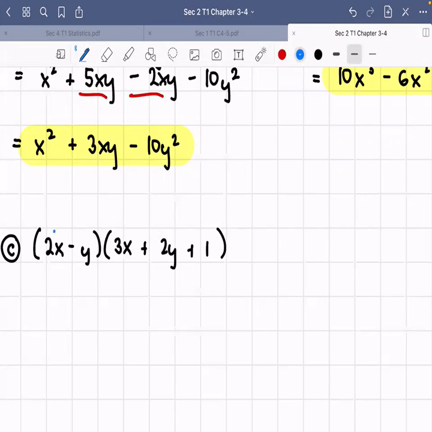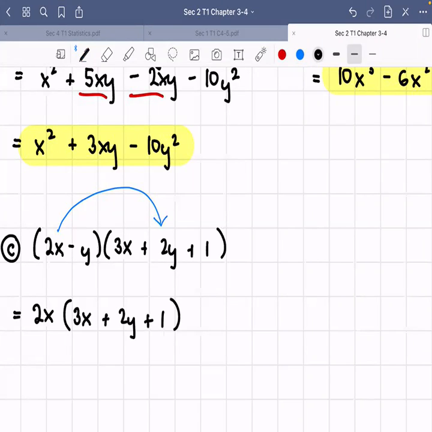So 2x times the whole bracket. How are we going to write that? That equals 2x times 3x plus 2y plus 1.